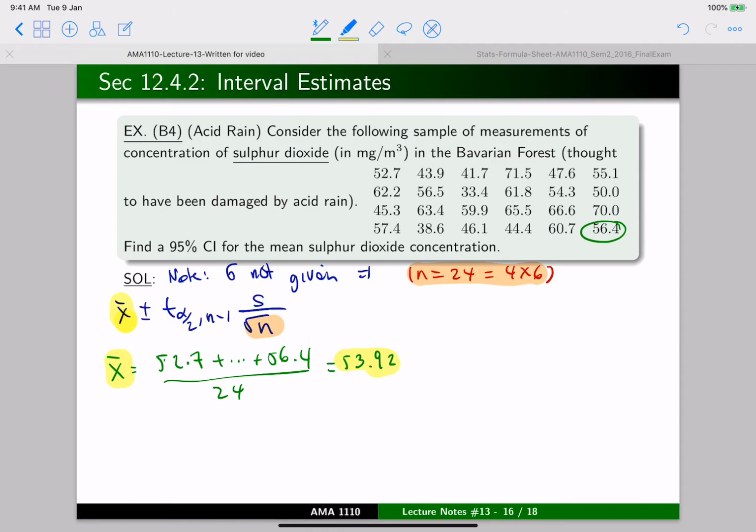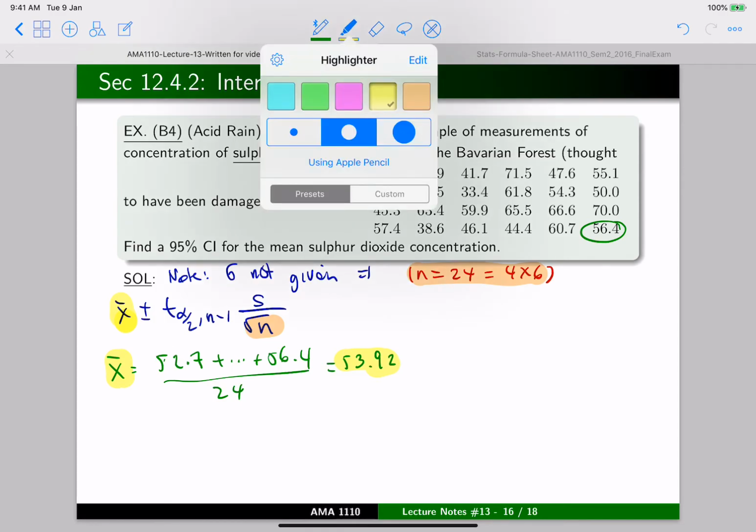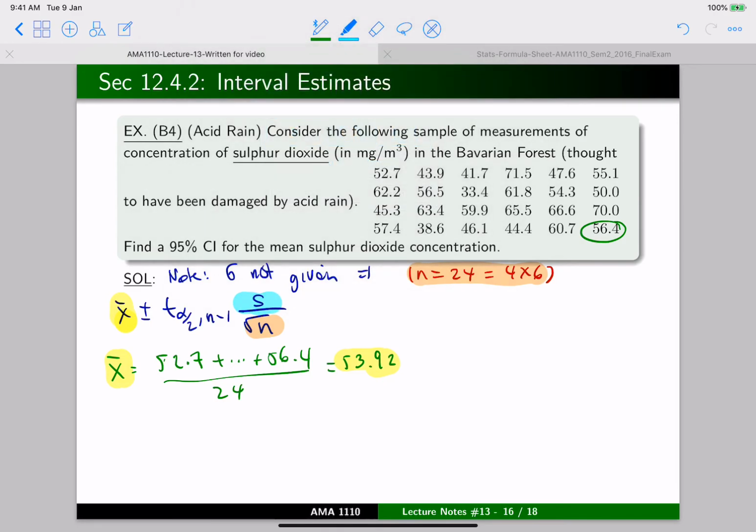So now, what's our sample standard deviation? Well, first let's calculate the sample variance. Remember the formula is the sum of x i minus x bar squared, divided by n minus 1. So it's like 52.7 minus 53.92 squared, and then you add all the way down to the last one, 56.4 minus the mean, which is 53.92, squared.